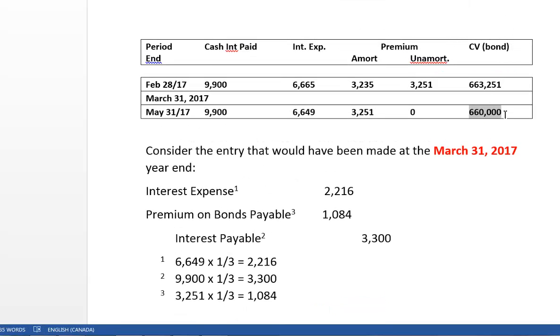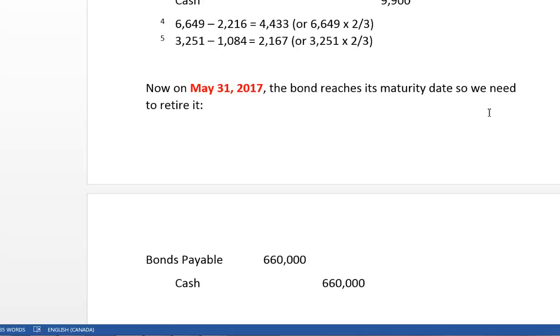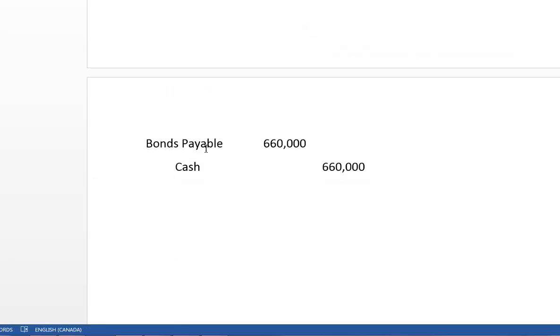That's equal to the face value. Now the bond's matured, so we pay the investors back the face value. So we debit the bond payable on May the 31st, which is the last day that the bond is out there as an investment because it's now reached its maturity, and we're going to pay the investors back $660,000, so we credit cash.